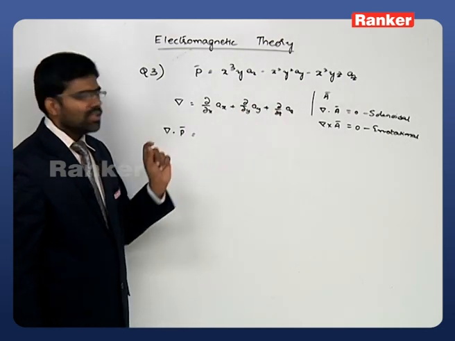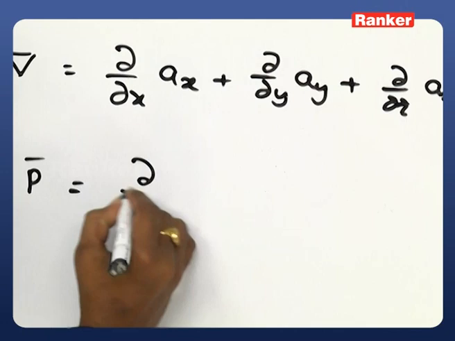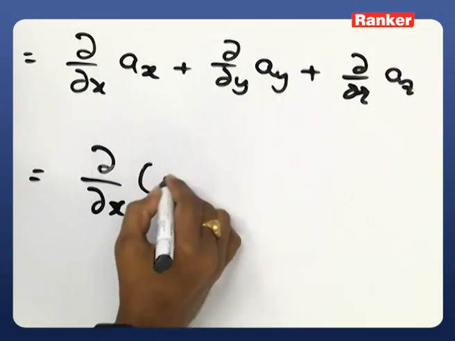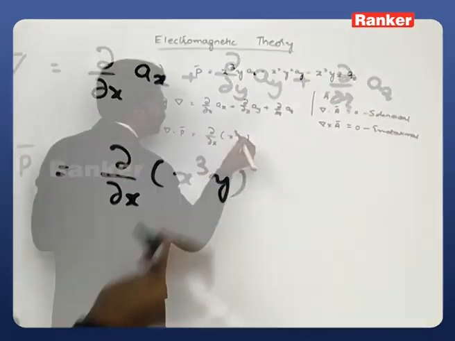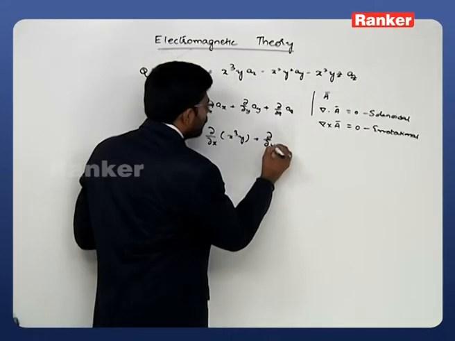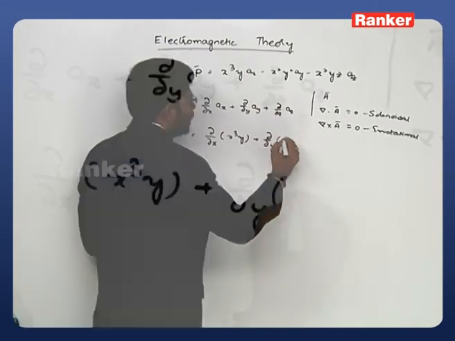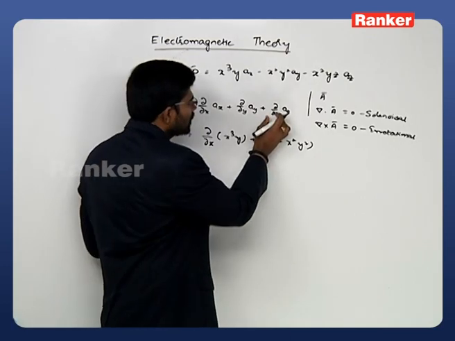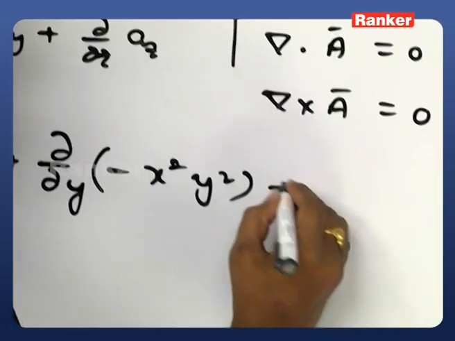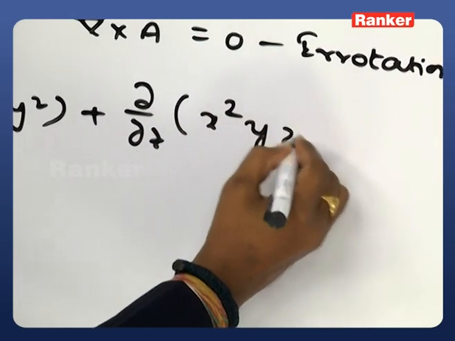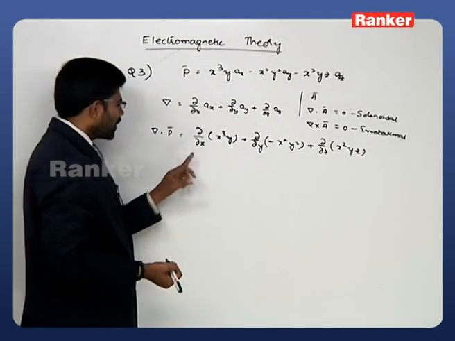So what we get is only ∂/∂x of Px. Px is the first term that we have, x cube y, plus ∂/∂y of the corresponding term of y, which is minus x square y square. And the third term corresponds to the Az, that is ∂/∂z of x square yz. So directly write down the equation.